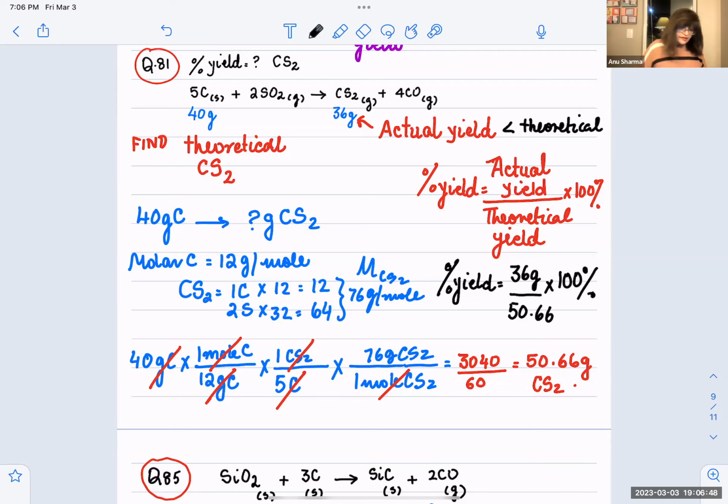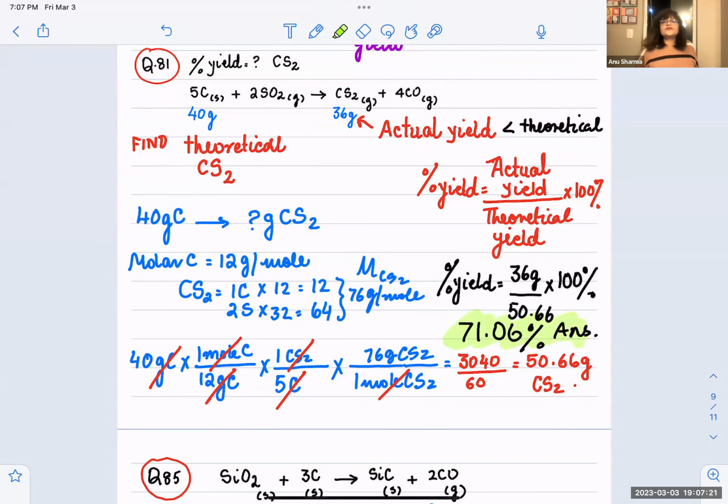So what do you get here? 36 divided by 50.66 times 100, and you get 71.06, sorry, 71.06% is the answer. That's the percentage yield.